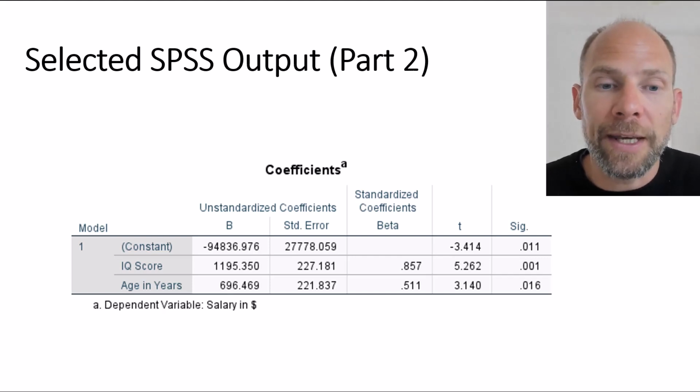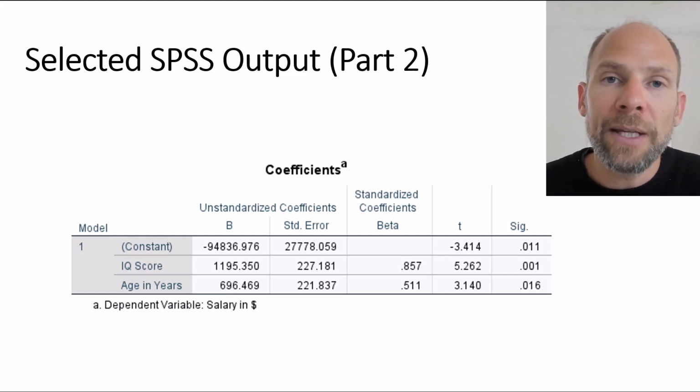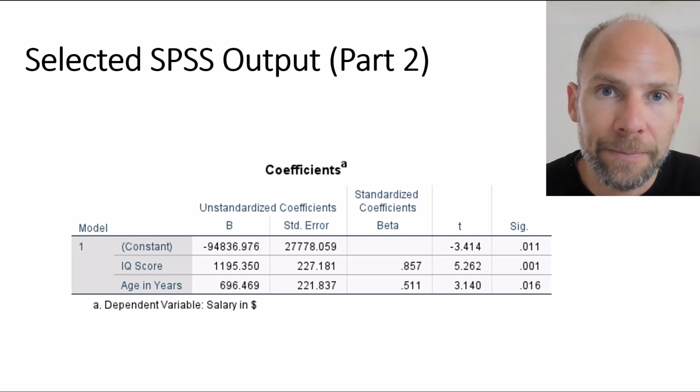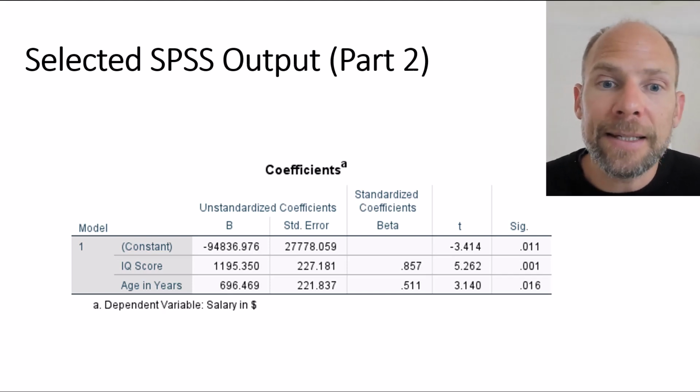Also, age in years has a positive relationship with a B2 coefficient of 696, which means that for every additional year of age, we expect a salary increase by $696.